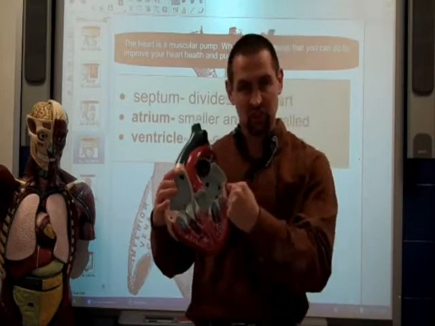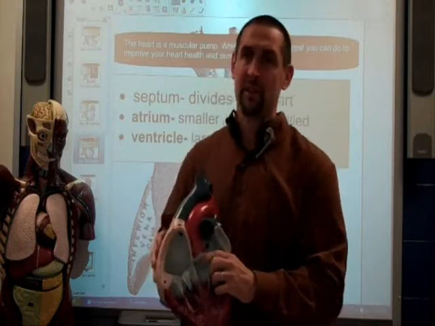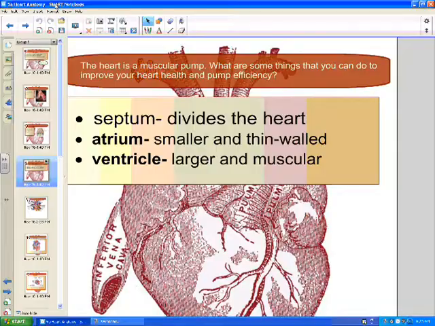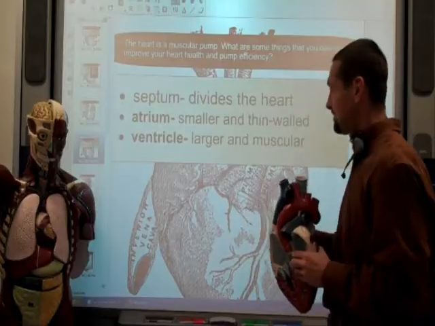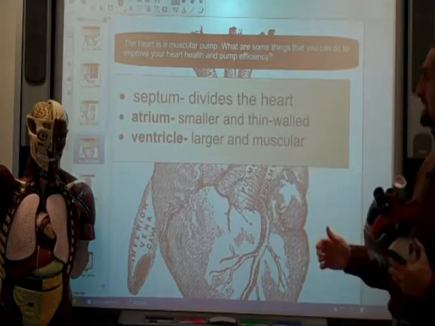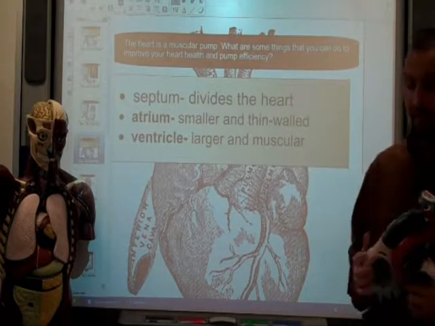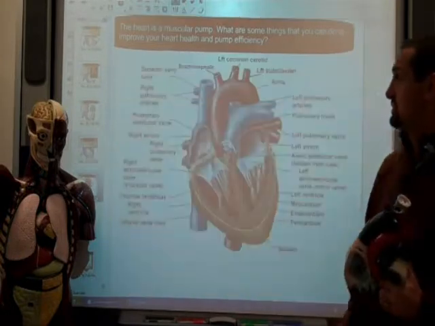So it needs to be nice and strong to get that strong circulation all around the body. So the ventricle is larger, more muscular, the atrium smaller, a little thinner in the walls.